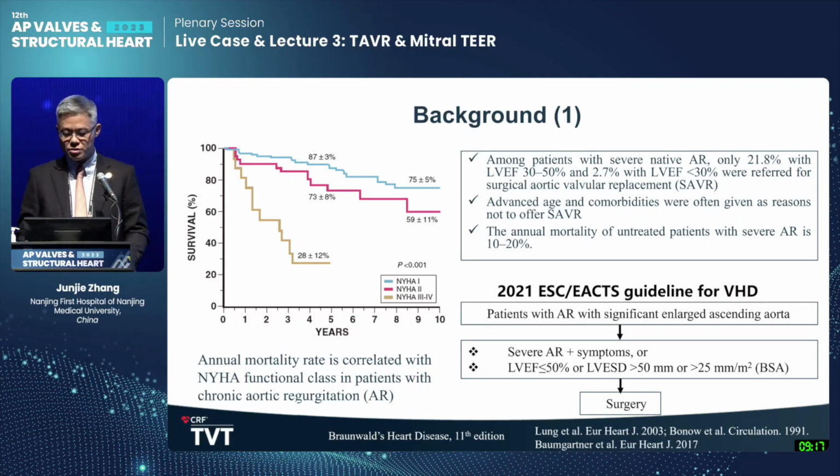However, among patients with severe native AR, only 20% with LVEF between 30 and 50% and 3% with LVEF less than 30% were referred for surgical aortic valve replacement. We all know that advanced age and comorbidity were often given as a reason not to offer surgery. Among these patients, the annual mortality of untreated severe AR is up to 20%.